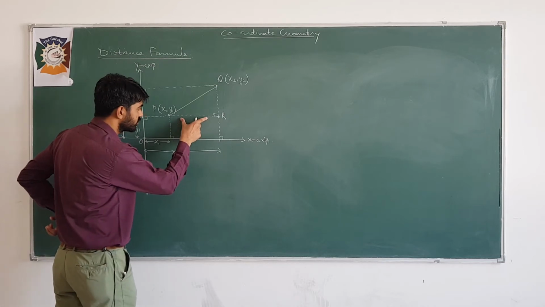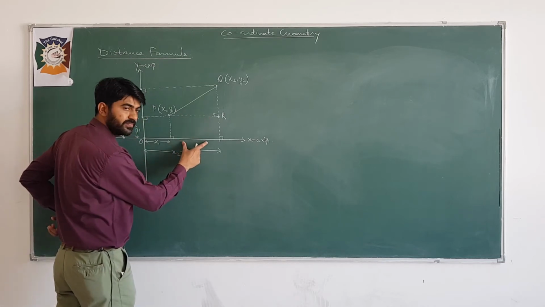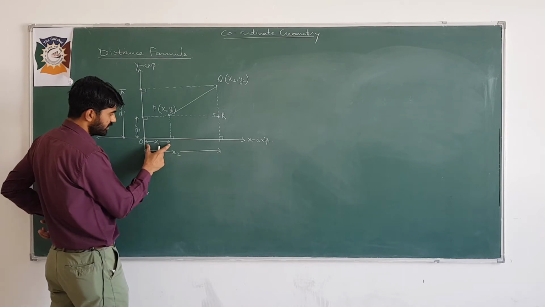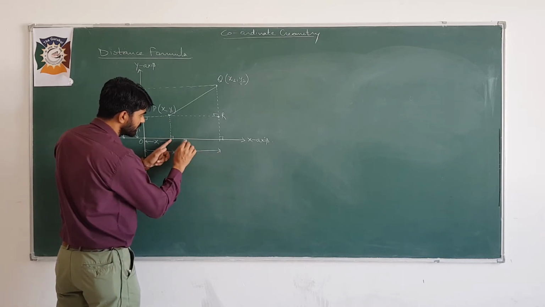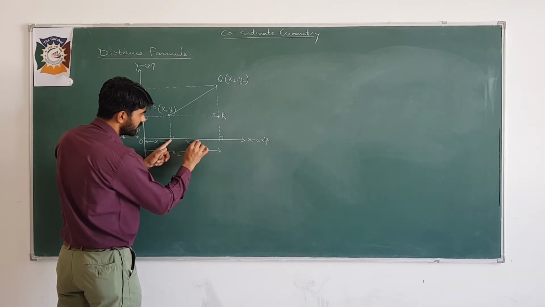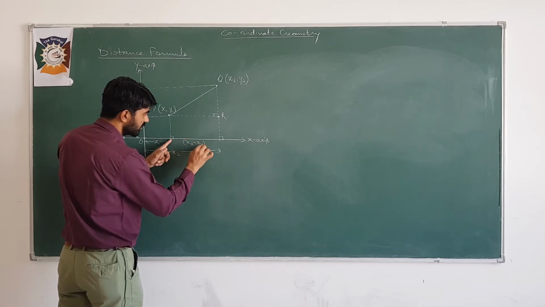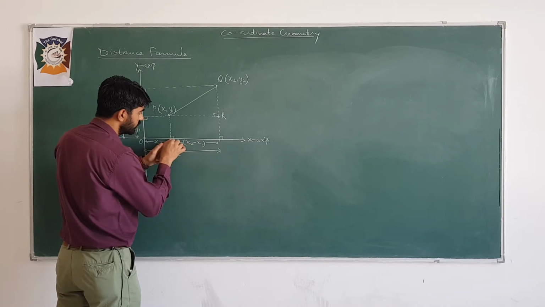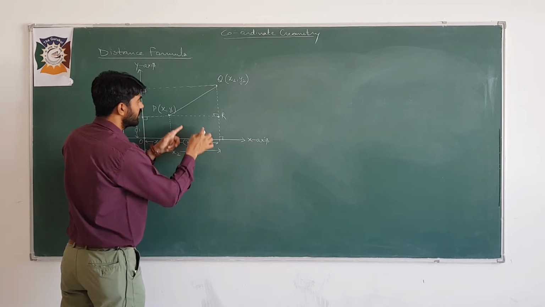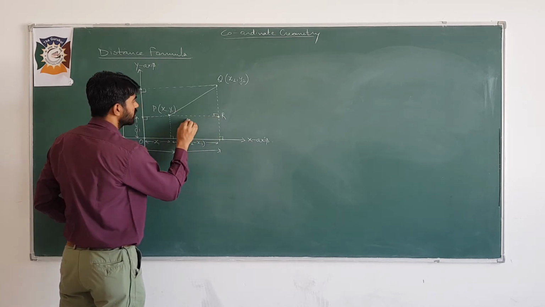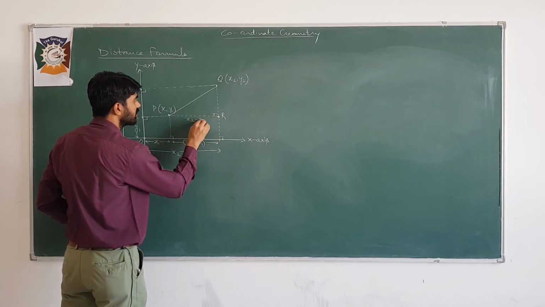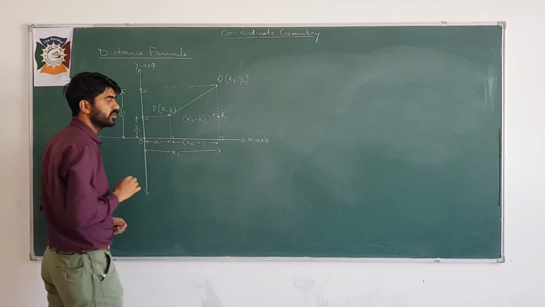This distance will be equal to this distance, and this is x1, this total is x2, so this gap is x2 minus x1. This gap is x2 minus x1, and same will be this one. So this PR is equal to x2 minus x1.